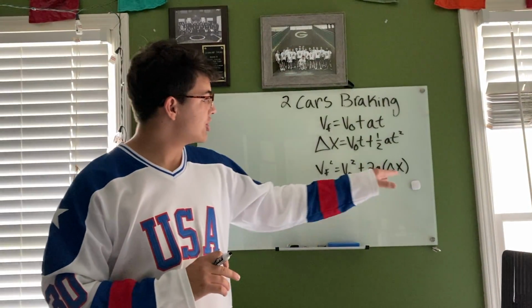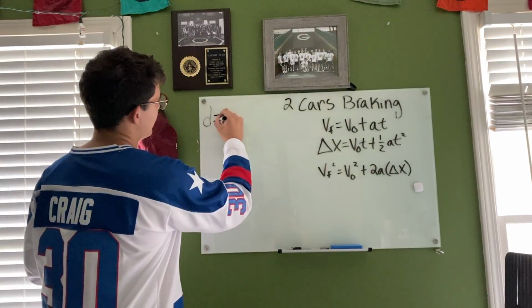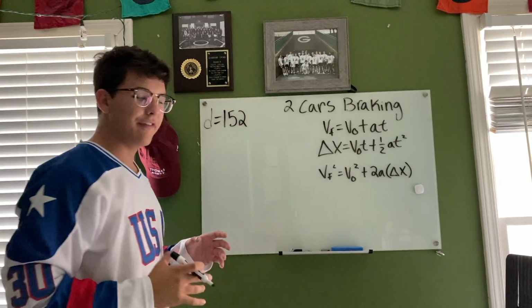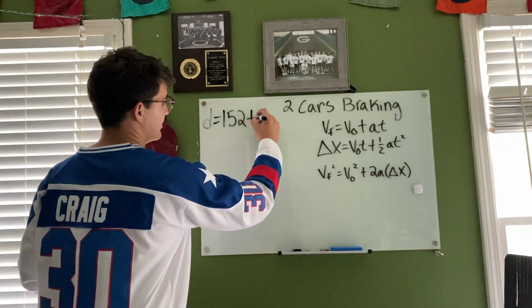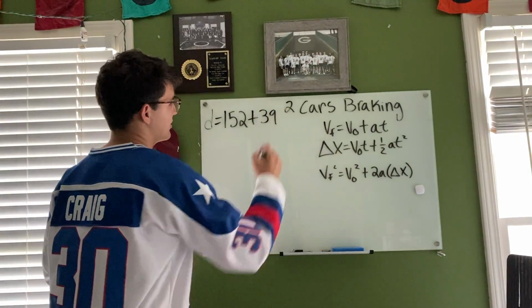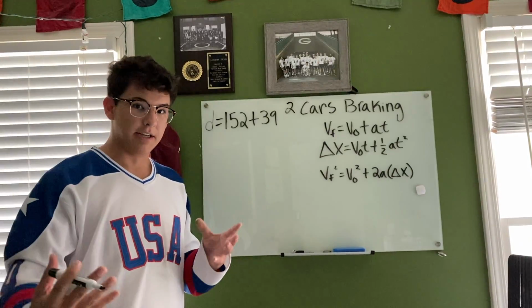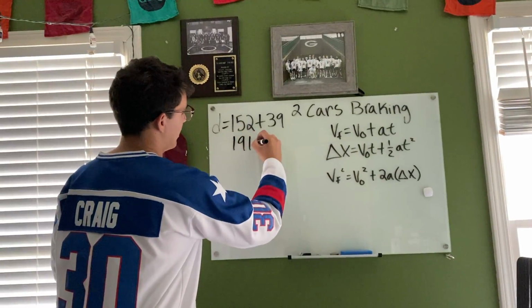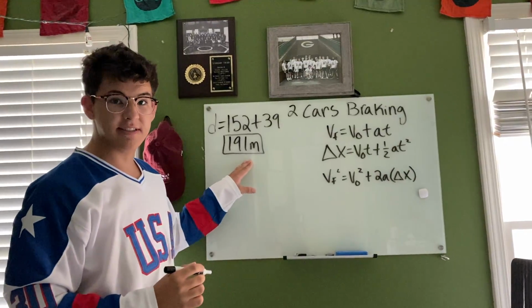Well, to solve for change in x, we can say that the distance is equal to 152, which is how far the first car went before coming to a complete stop, plus the 39 meters that the chasing car was behind the lead car. Okay, and this gives us 191 meters, okay? And we're going to plug that into our equation in just a second.